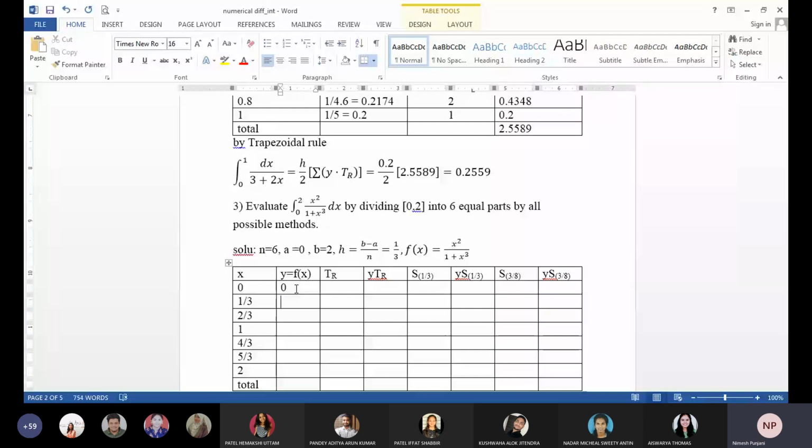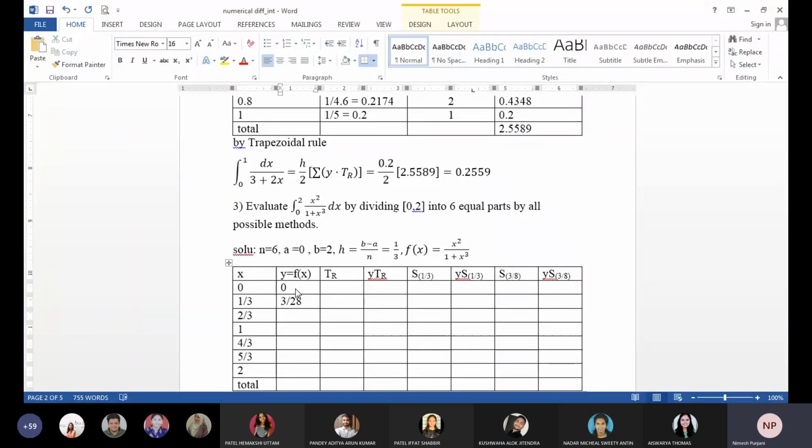When you put x as 1/3, the numerator will be 1/9 and the denominator will be 1 plus 1/27. Simplifying, 1 plus 27 gives 28/27, which goes up, so 3/28. This is what you get.